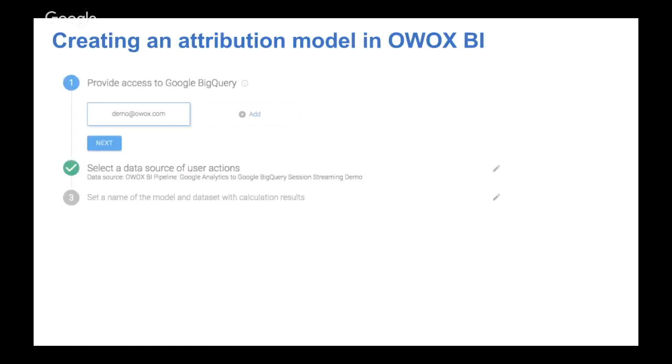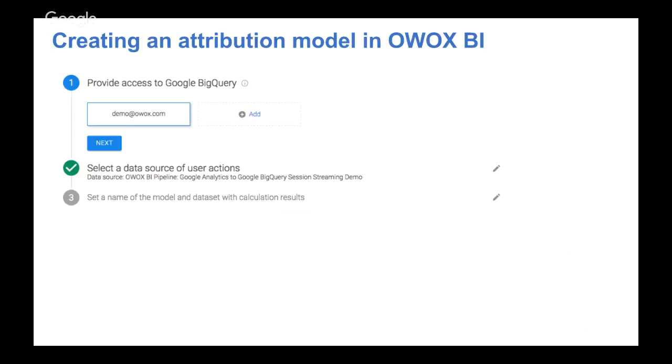So then, when you have all the data, you access the interface and you need to create the attribution model and adjust it to your business needs. First, as the data is not stored in our system, you need to provide access to your Google BigQuery project. So you will be the only owner of your data.